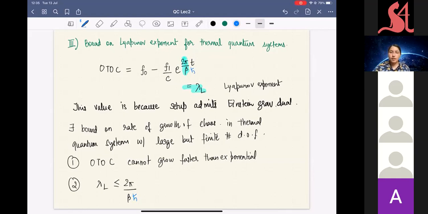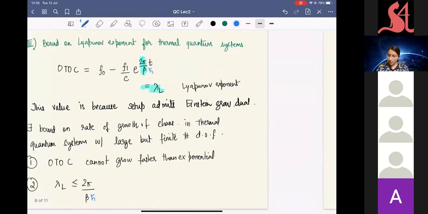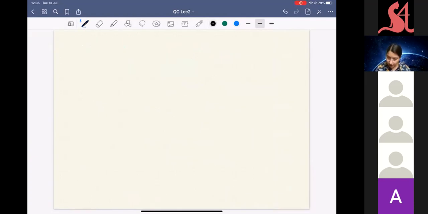The proof of this bound is based on a certain mathematical theorem, so I'll just give the theorem.